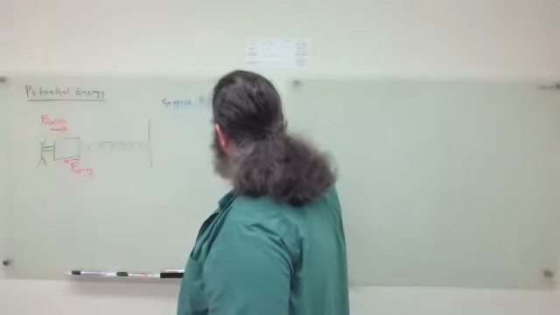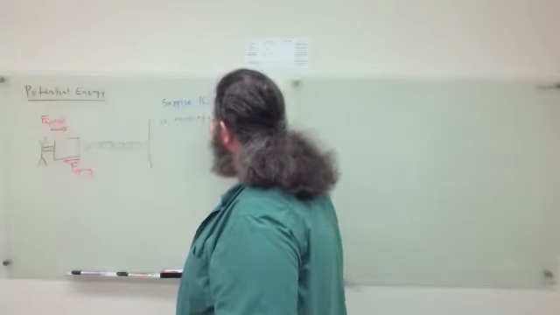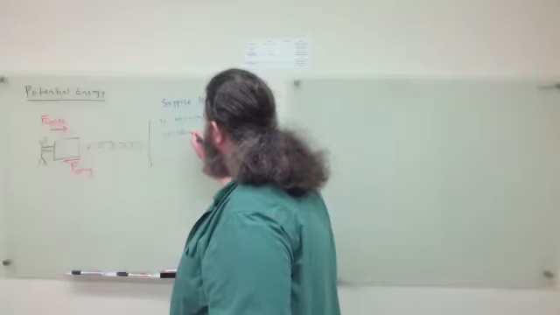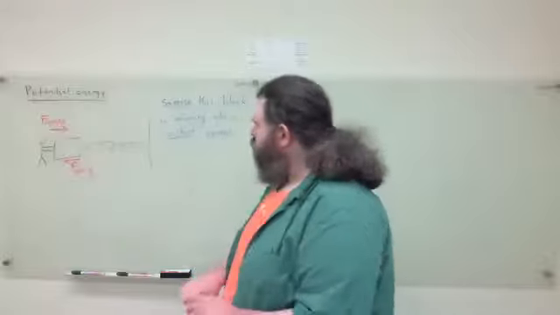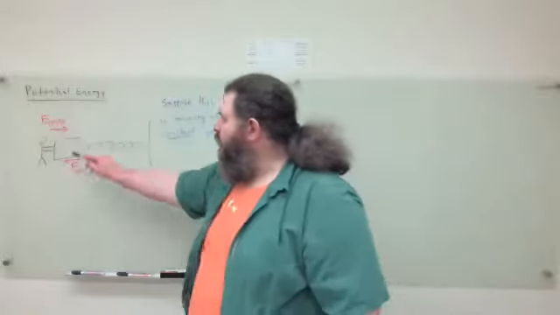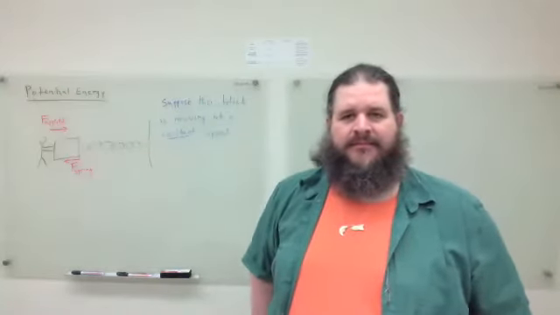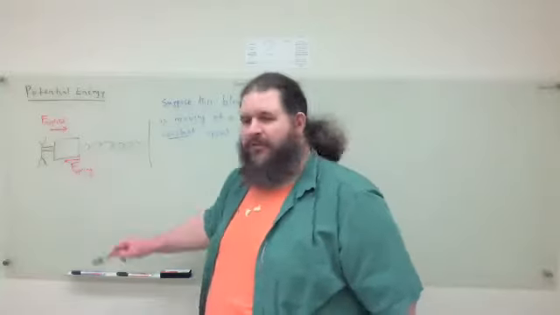Suppose this block is moving at a constant speed. If it's moving at a constant speed, what does that tell you about the force you're applying to it, versus the force of the spring itself?